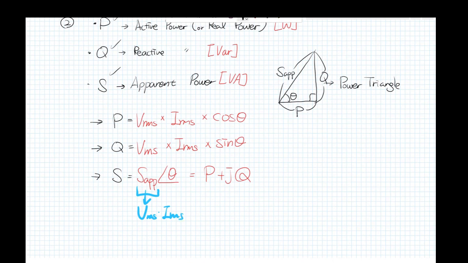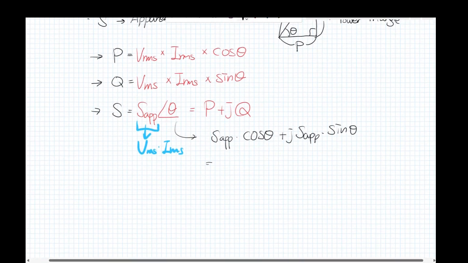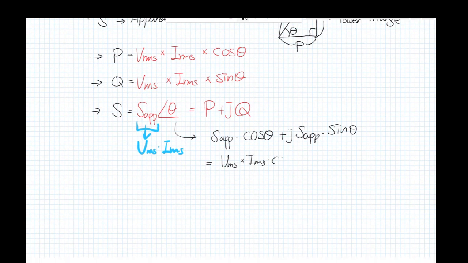Okay, so we can make a conversion from the polar form to the rectangular form. S sub APP cosine theta plus J S sub APP sine theta. Right? So V sub RMS multiply I sub RMS, the cosine theta, plus J V sub RMS, I sub RMS, sine theta.